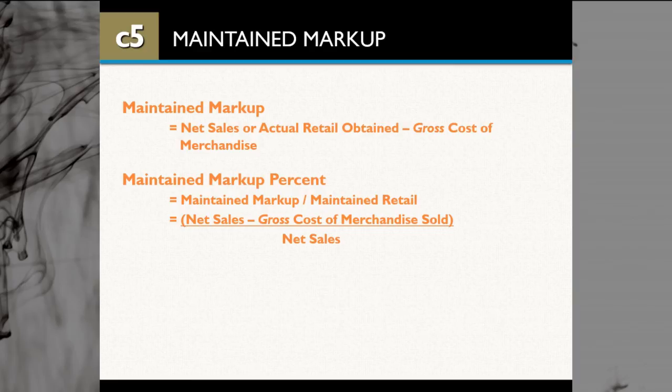So before you consider the cash discount or alteration cost, that's gross, before you calculate the net. Maintained markup is calculated as maintained markup dollar amount divided by maintained retail. So these are calculated from the real numbers from your sales: net sales minus gross cost of merchandise sold, which came from above, divided by your actual net sales.